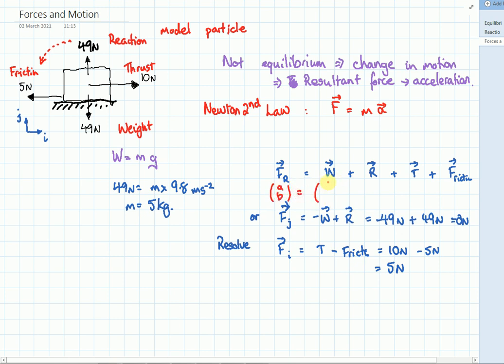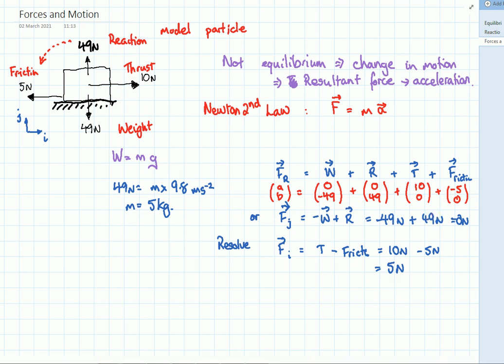The weight is minus 49 newtons. The reaction is plus 49 newtons. My thrust is 10 in the positive direction, and the friction is 5 in the negative direction. So these two things are equivalent, and that's why that can happen together.